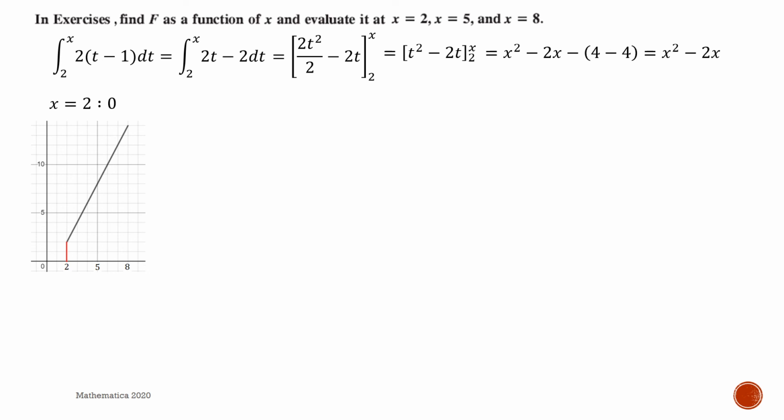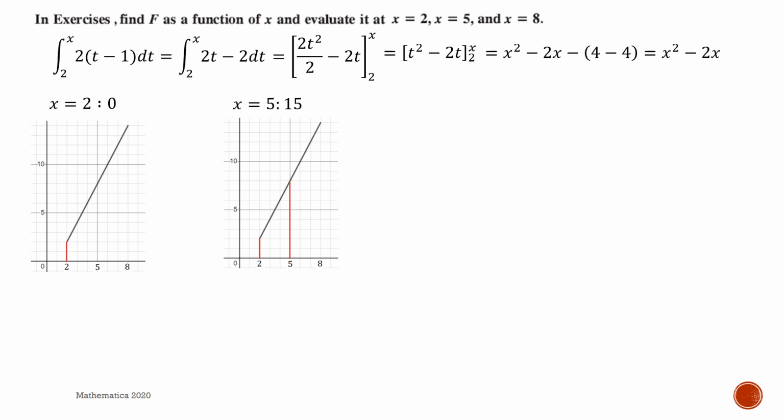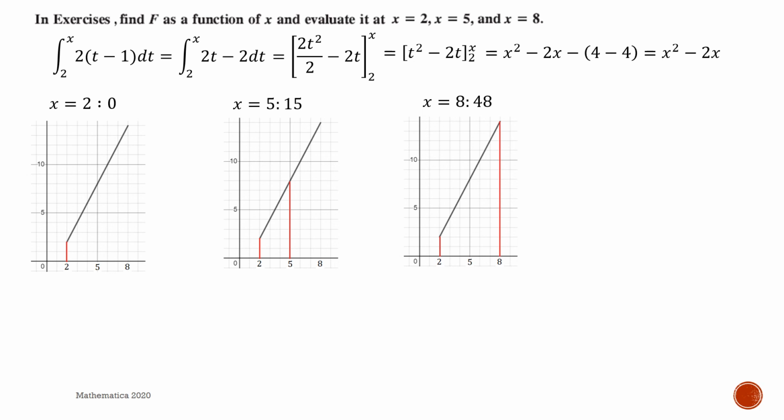Now, I can choose another arbitrary point, and in this case they're asking me to find 5. So at 5, I'm finding the area between 2 and 5, and the area under the curve between 2 and 5 is 15. And then finally, I'm asked to find x equals 8. When I take a look at the graph from 2 to 8, I have an area of 48.